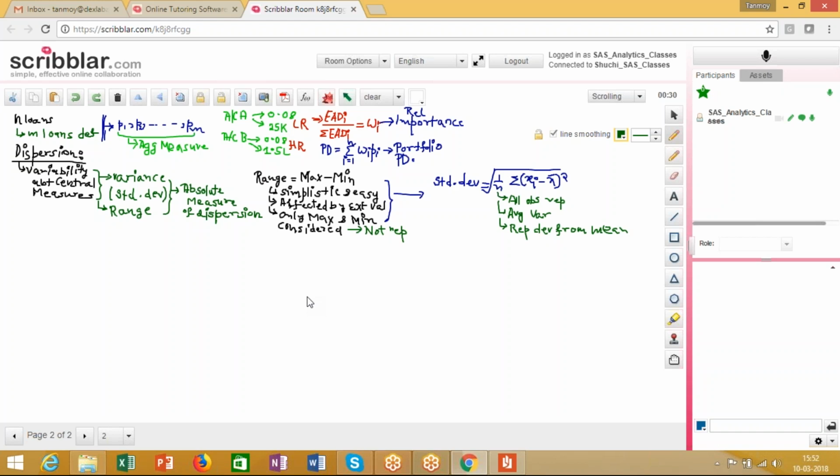Now, using mean and standard deviation together, another alternate measure of dispersion is reported. That is called the coefficient of variation.